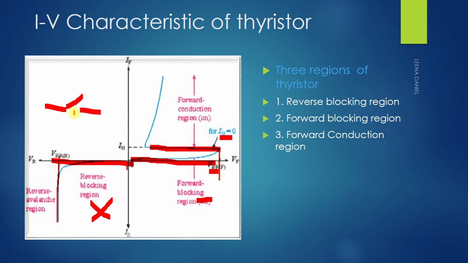But when it attains the on stage, when we close the switch, this is the on stage of the thyristor, meaning in the on state the thyristor will work as a closed switch. So at this point there is no voltage across the thyristor, only current will increase through the thyristor.